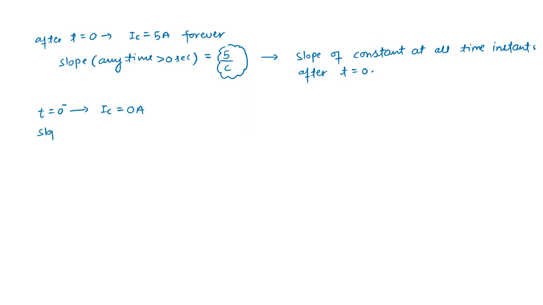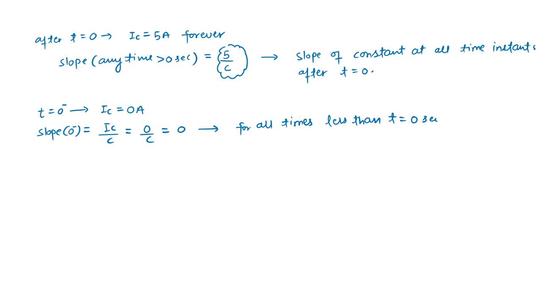So what will be the slope? The slope at 0 minus is this current IC divided by the capacitor value, which is 0 by C equal to 0. So it is for all times less than t equal to 0 second.